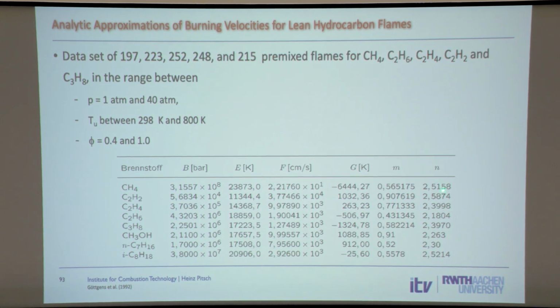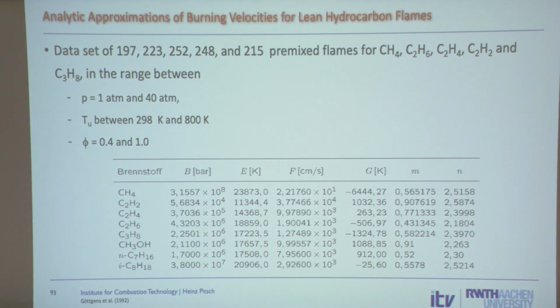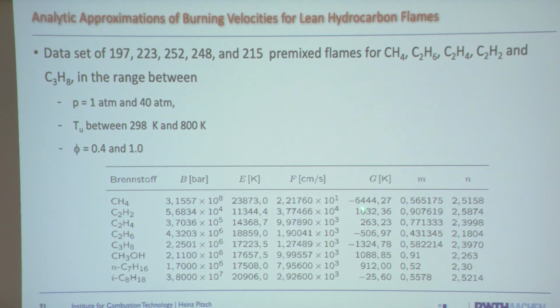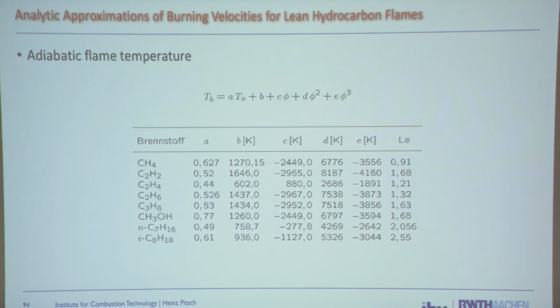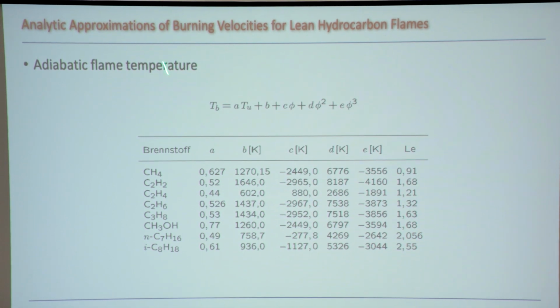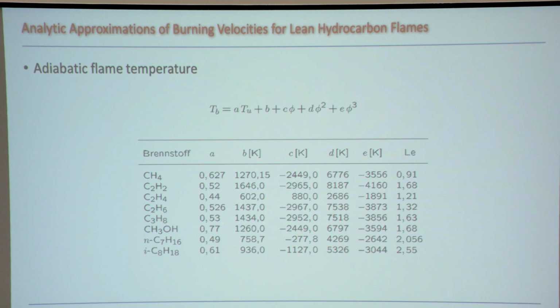And you see it's not totally wrong. Usually it's a little larger than 2, but it's something of that order. And then these other parameters like this G function are sometimes positive, sometimes negative, and can have different values. And then TB also is a quantity that appears that's just fitted here with the equivalence ratio.